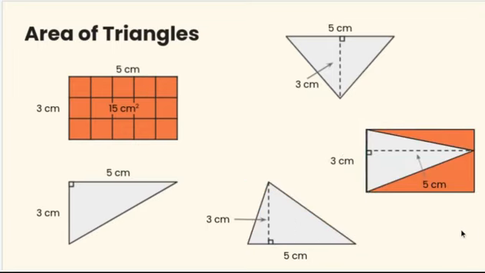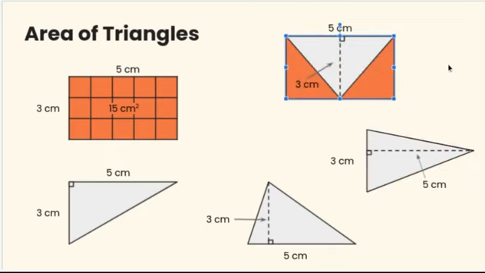Again, a different triangle, but it's exactly 1/2 of that original rectangle. And again, the area of this final triangle is 1/2 of the original. So how can we use that information?